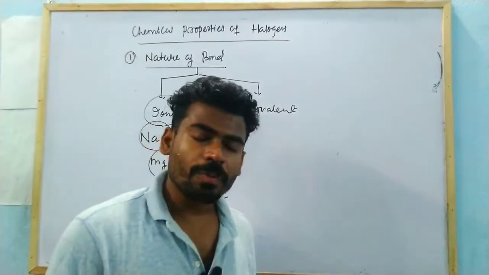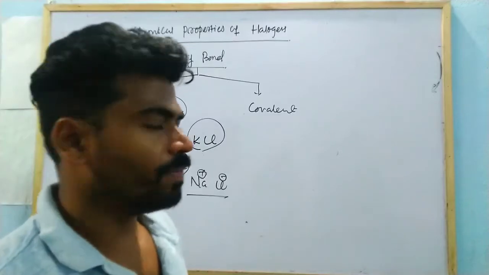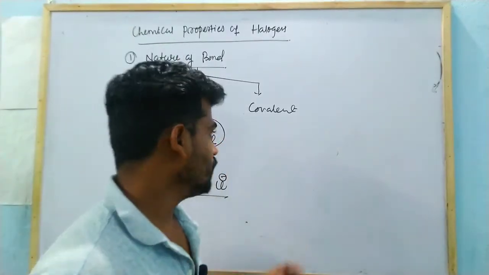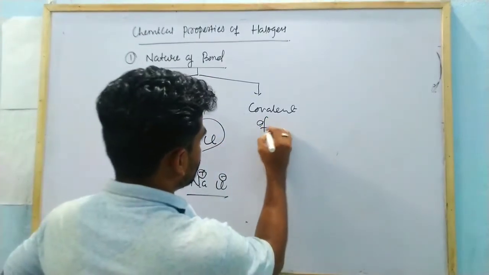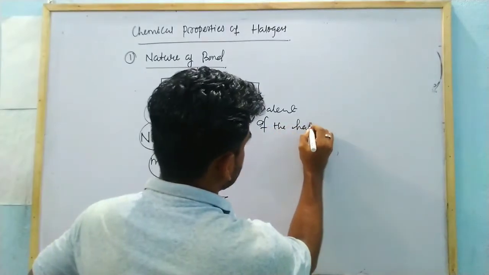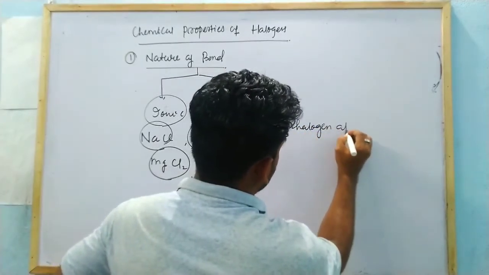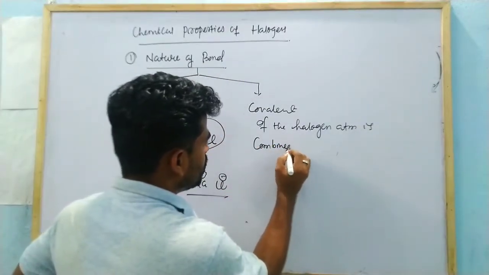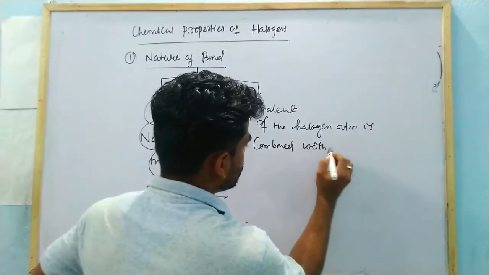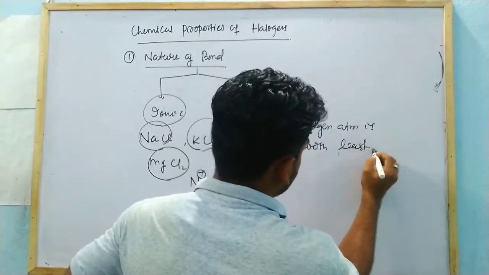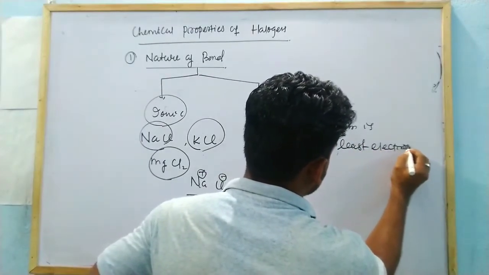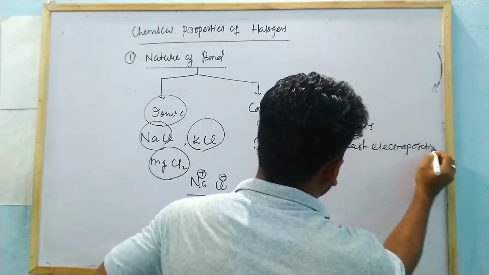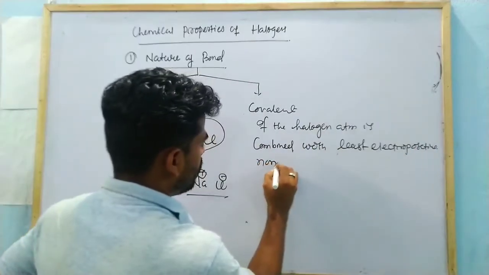In the case of a covalent compound, the halogen atom is combined with least electropositive non-metals.